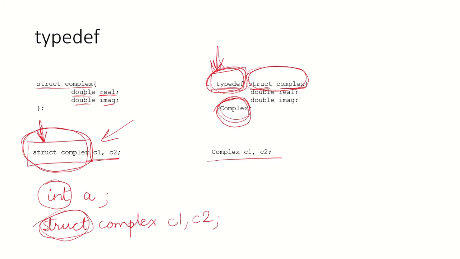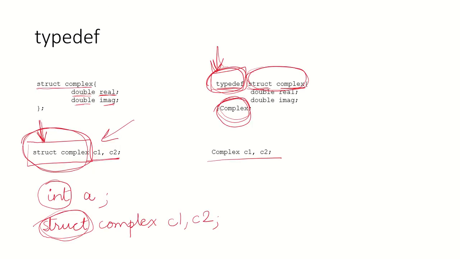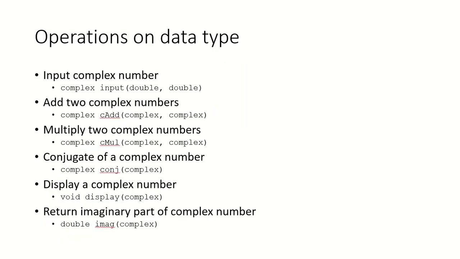Now when we know that this is a data type that we have defined, we have to specify the operations also that we can perform on these data types. So let's see what are the operations that we can perform on this structure that we had defined. We can have an operation like this: input a complex number.